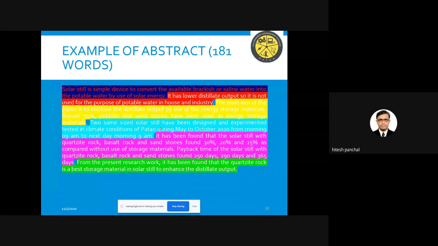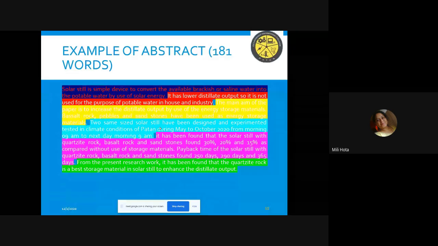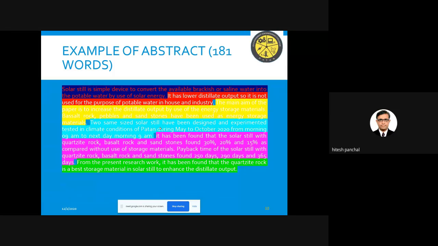And then automatically you will obtain your conclusion. So all these points must be included in the abstract of your research article. This is, we can say, a very simple technique to write the abstract, but it is possible that you can also write the abstract in another manner.